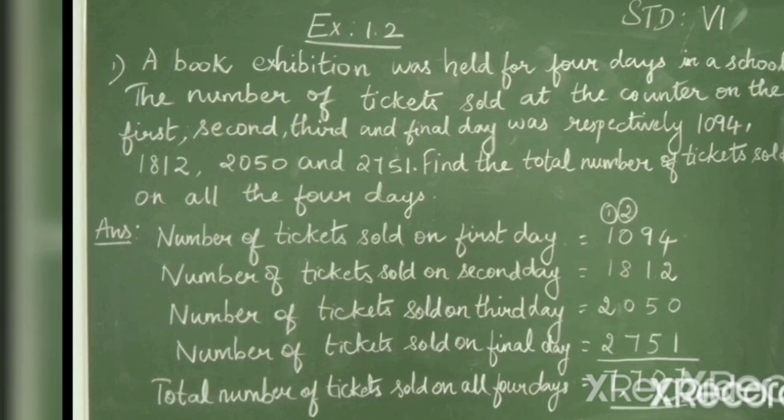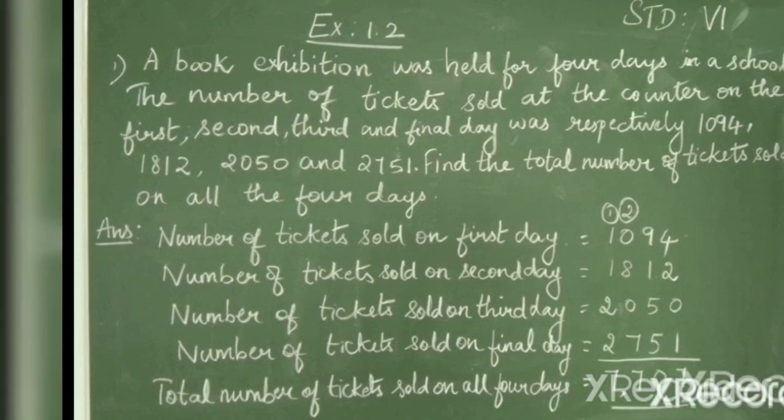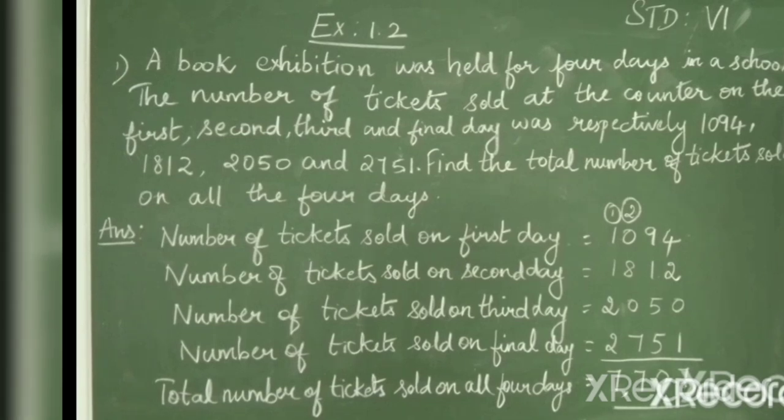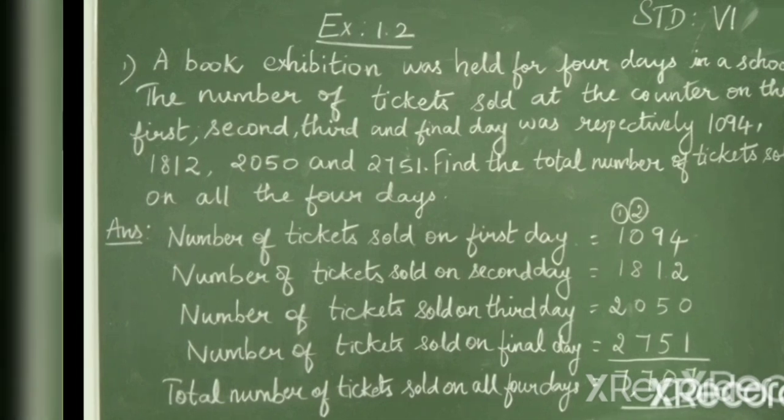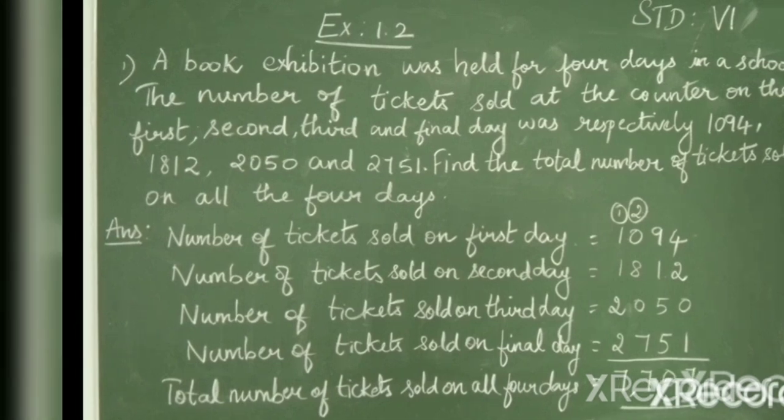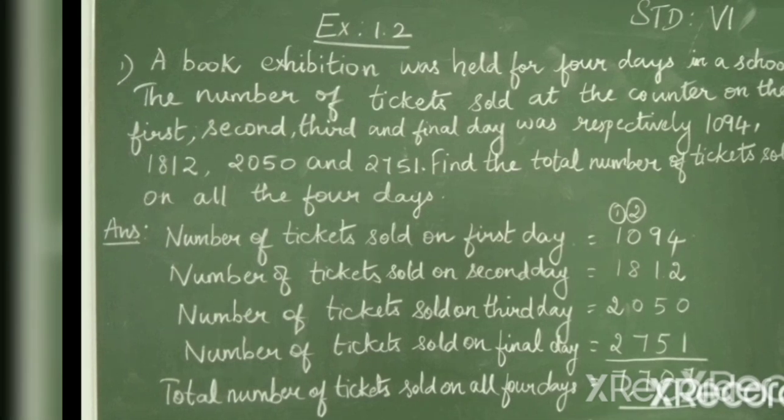So total number of tickets sold on all 4 days will be, you have to add everything. When you add, you will get 7707. So the total number of tickets sold on all 4 days will be 7707.